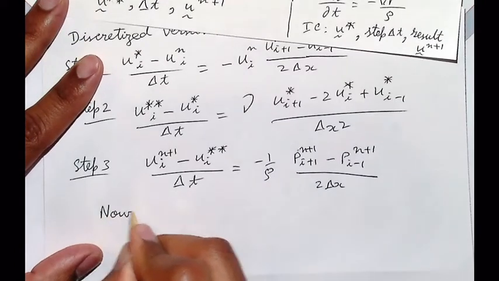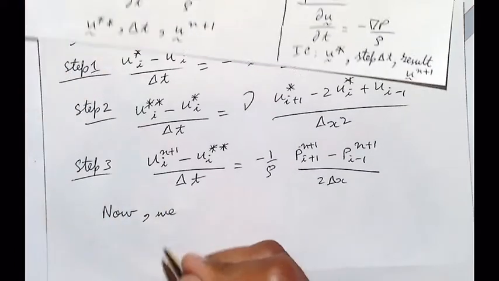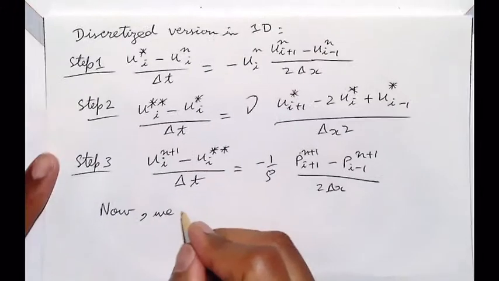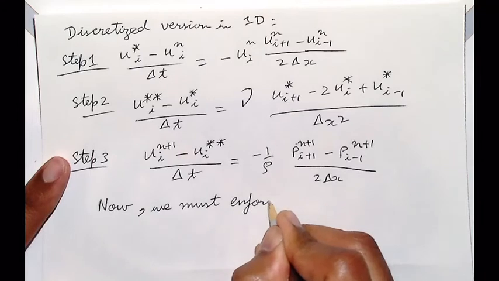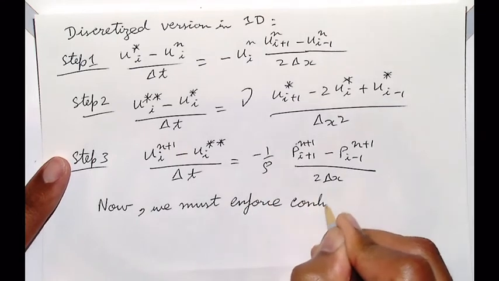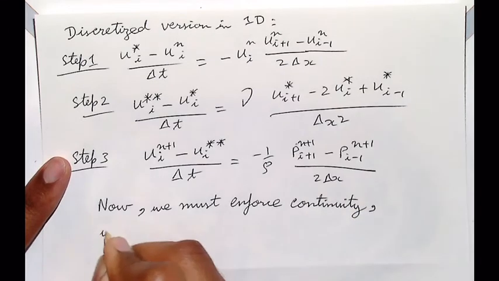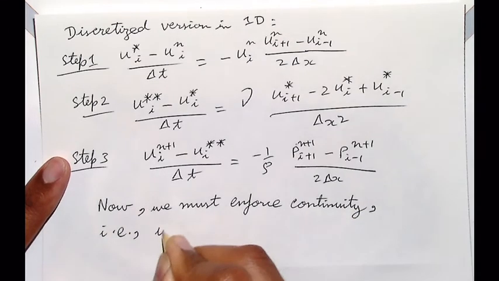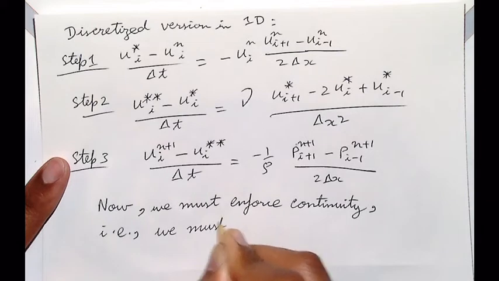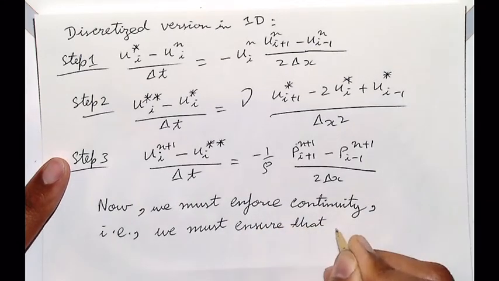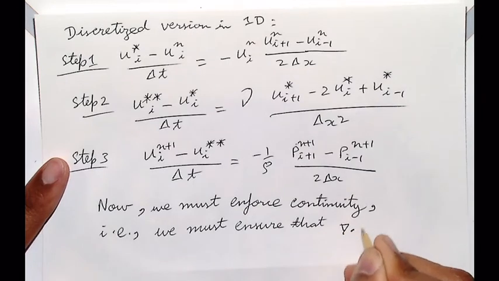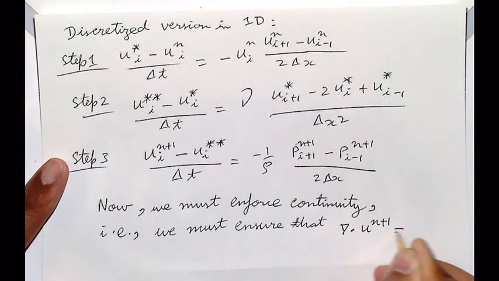Now we must enforce continuity. That is, we must ensure that ∇·u^{n+1} is 0.